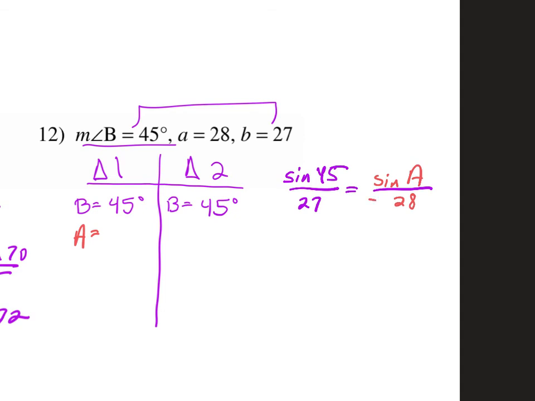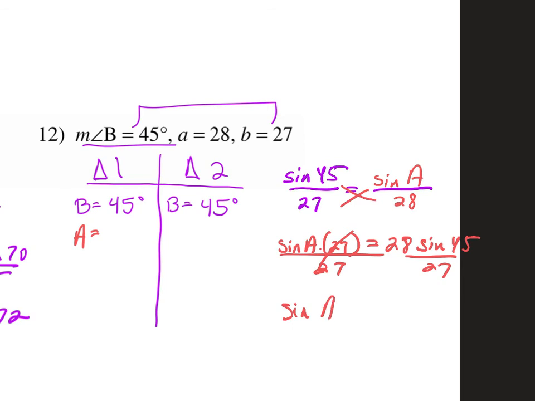Cross multiply. So sine A times 27 equals 28 times the sine of 45. Divide both sides by 27. And I get the sine of angle A is 28 times the sine of 45 divided by 27.